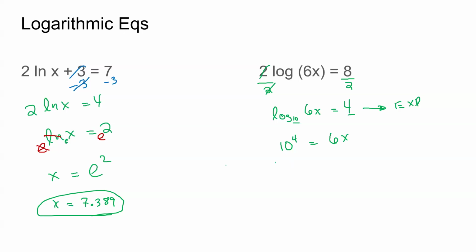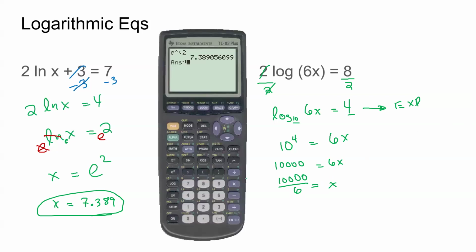So 10 to the fourth is just 1, 2, 3, 4 zeros after a 1. That's 6x. I could divide both sides by 6. And I don't know what 10,000 divided by 6 is, but you can bet my calculator does, if I can find it. Where'd it go? There you are. Oh, good.